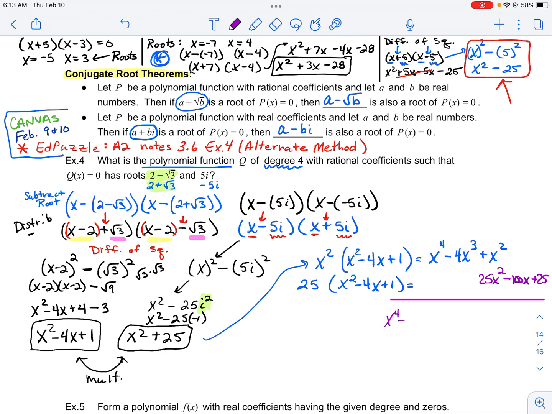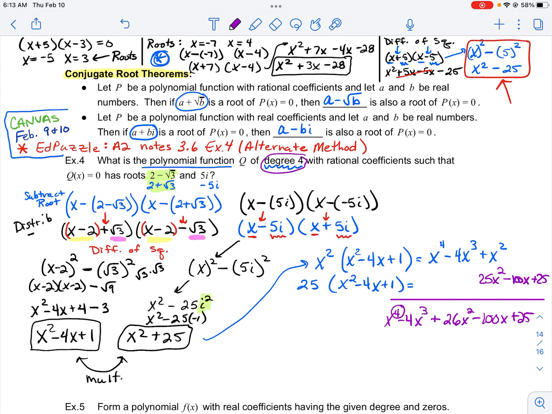You'll have x to the 4th minus 4x to the 3rd plus 26x squared minus 100x plus 25. So the question wanted a 4th degree polynomial.